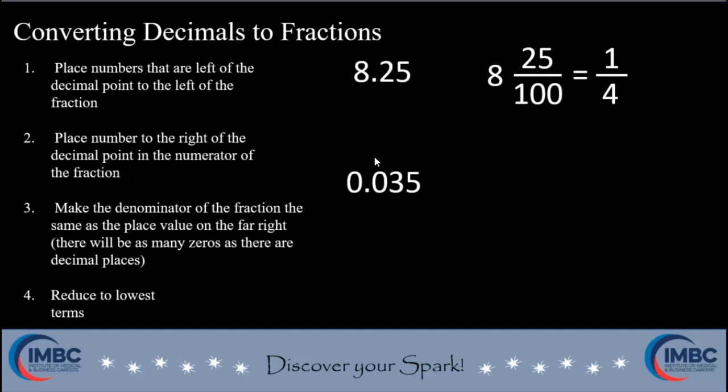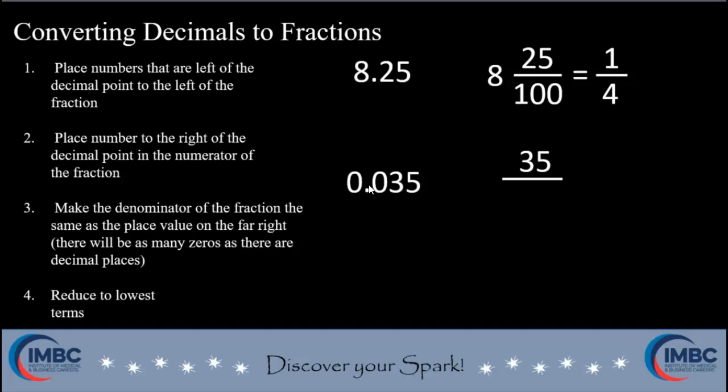The next one that I popped up a little early here. This time we have a decimal, which we don't have a whole number. So we're just concentrating on the decimal portion, and place the number that's right of the decimal as the numerator. So 35. This 0 doesn't need to come with us because 35 is the same as the number 35. However, it's important so we know the placeholder.